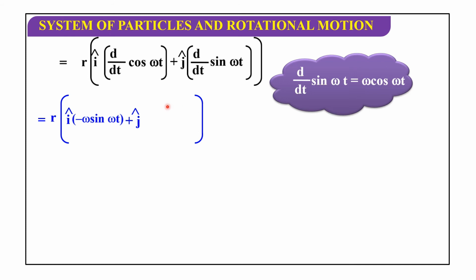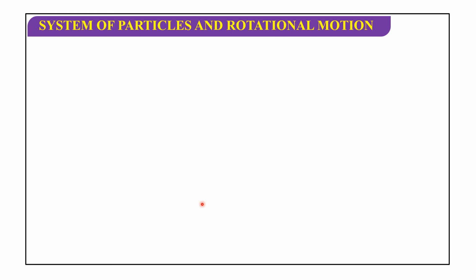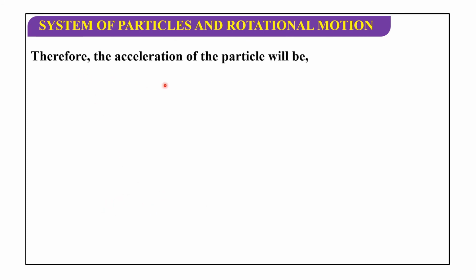So here we are writing j cap of omega cos omega t. So v bar is equal to minus i cap r omega sin omega t plus j cap r omega cos omega t. Therefore the acceleration of the particle will be a bar is equal to dv bar by dt.